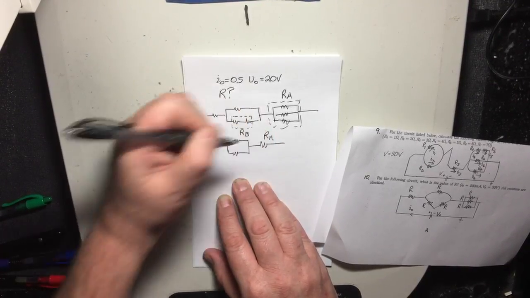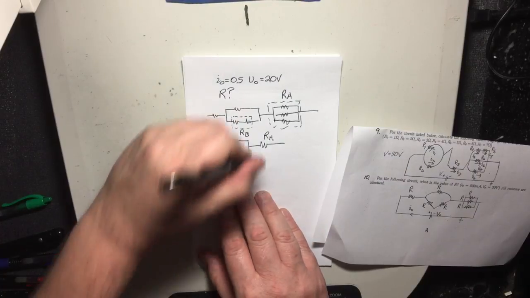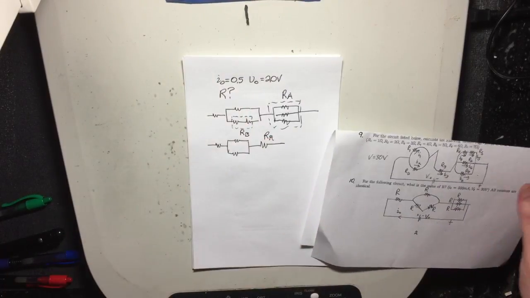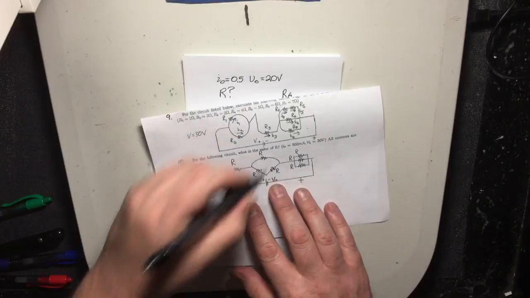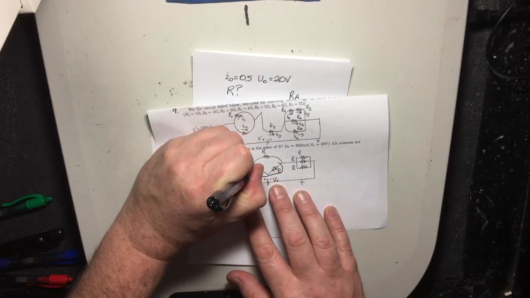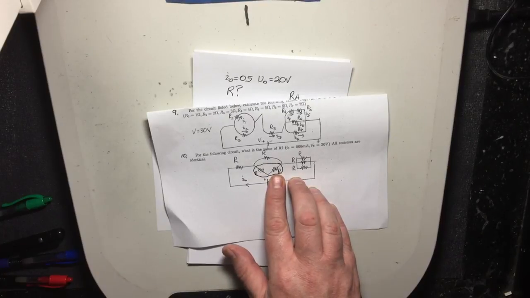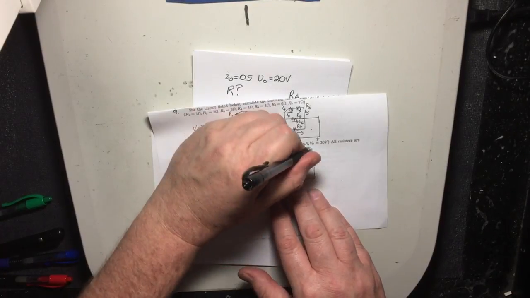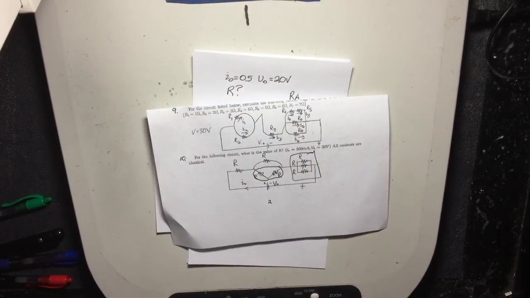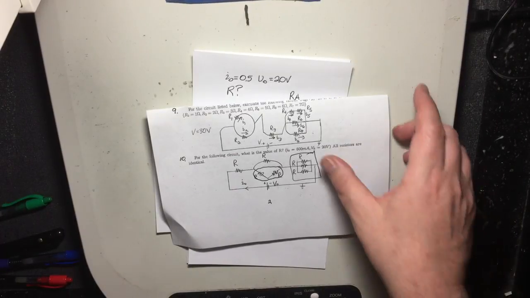You develop an instinct on how to attack it. You just start looking for where you can put boxes. When I see this, I can box this, where I get 2 series resistors all in the same thing. Here I can draw another box, 3 resistors all series. You just start looking at it and you can see patterns.